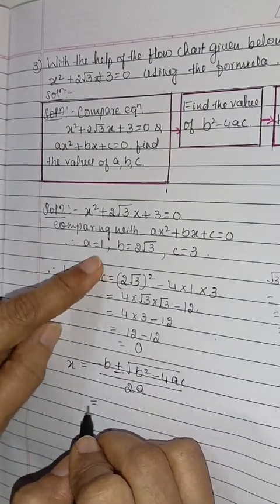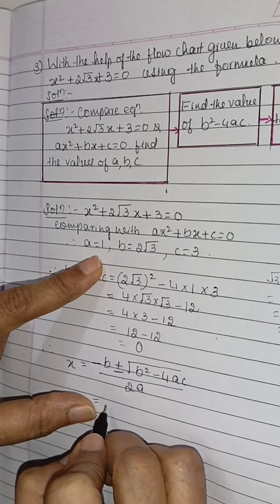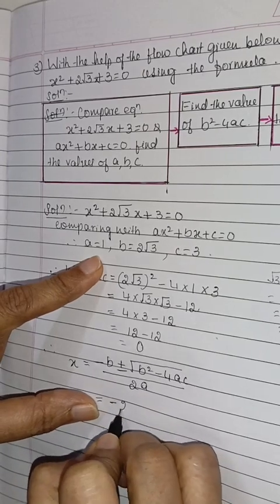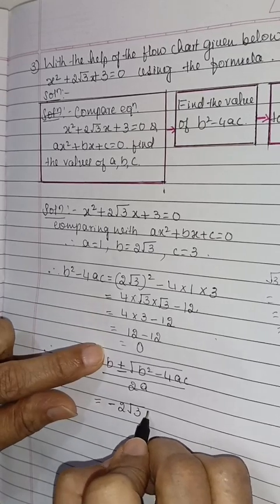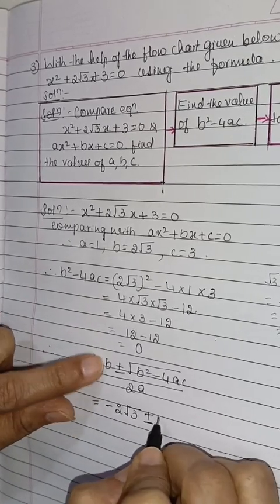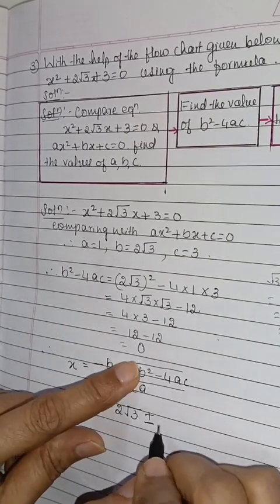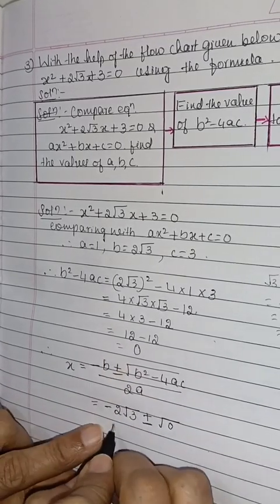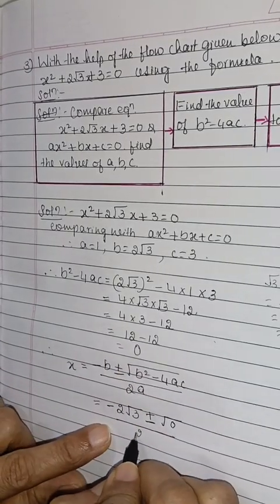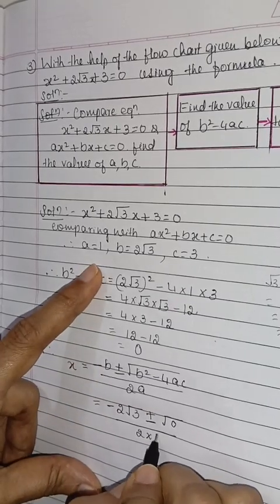Here minus b is minus 2 root 3, then plus or minus square root of b square minus 4ac, which is 0, square root of 0, divided by 2 multiplied by a, which is 1.